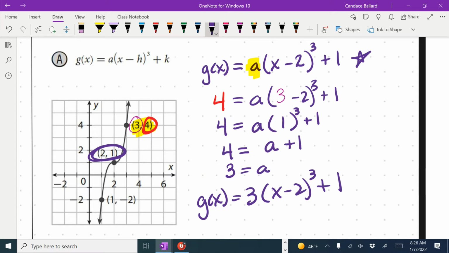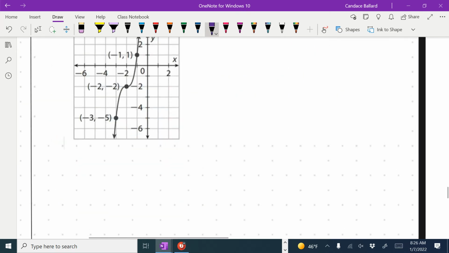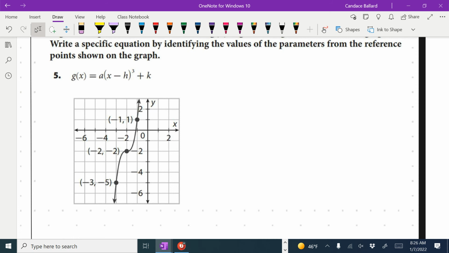Okay, let's take a look at the next one here. All right, so there's one more. I want you to try it on your own. I've shown it to you once. I want you to see if you can do it once on your own. Watch your signs, because I gave you negatives this time, right?